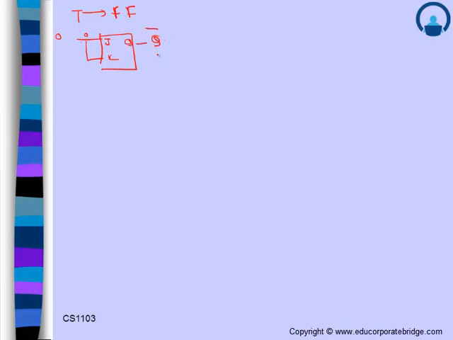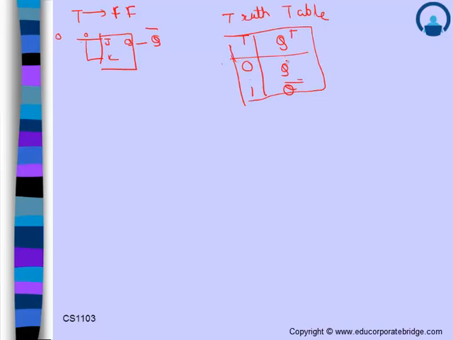The truth table for T flip-flop is: T is 0, Q plus is Q; T is 1, Q plus is Q bar. That is, when the input is 0, the next output will be the current output present in the memory. Similarly, when T is 1, the next output will be the complement of the current output in the present memory. That is what the truth table of the T flip-flop is.